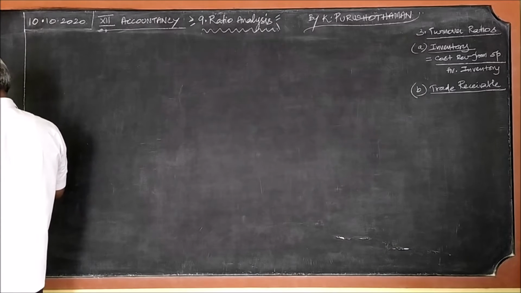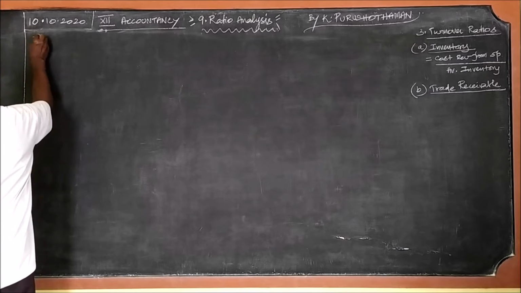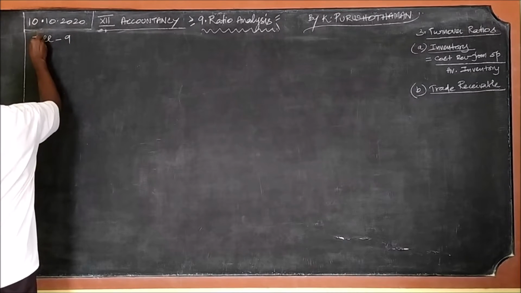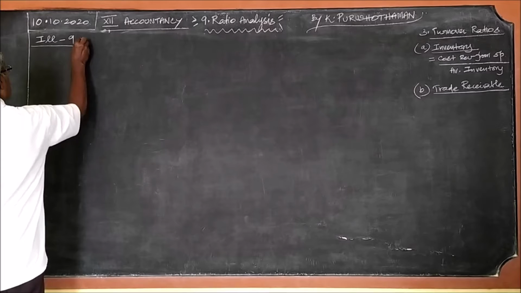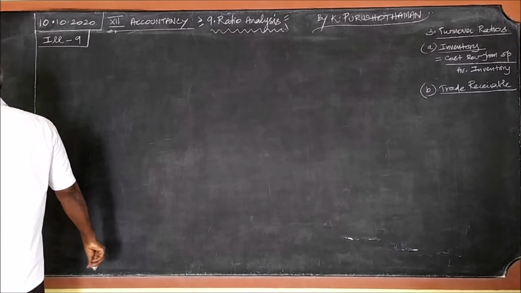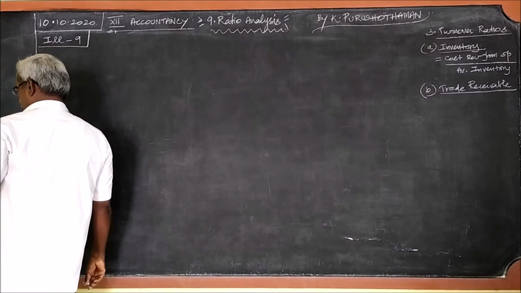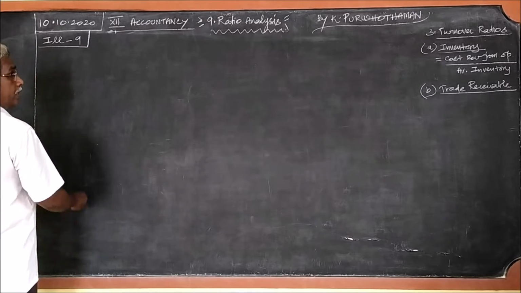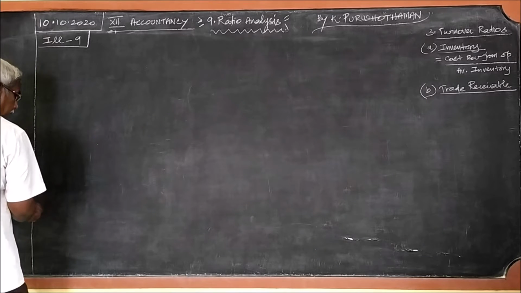This we can do from illustration 9. Illustration 9. What is given? Credit revenue from operations, that is the trade receivable ratio.